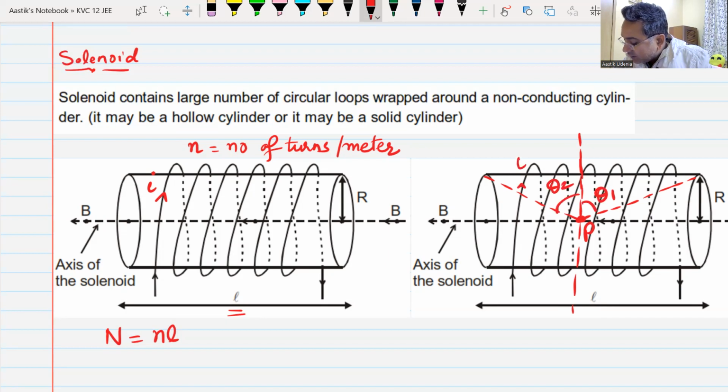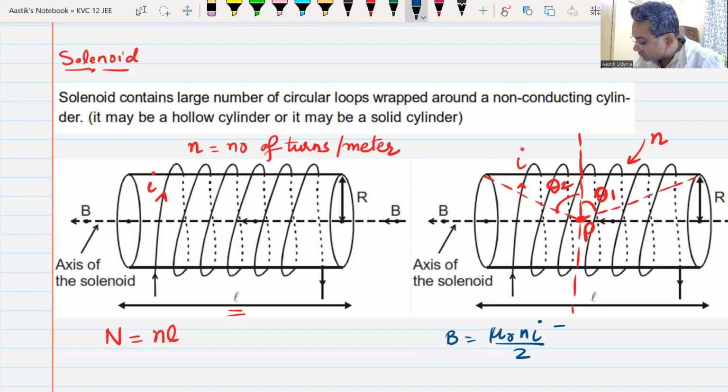Remember, I is the current in the solenoid and the number of turns per unit length is n. If this is the case, the magnetic field at the point P of the solenoid is given by this legendary formula: mu naught n I by 2 times sine of theta 1 plus sine of theta 2.